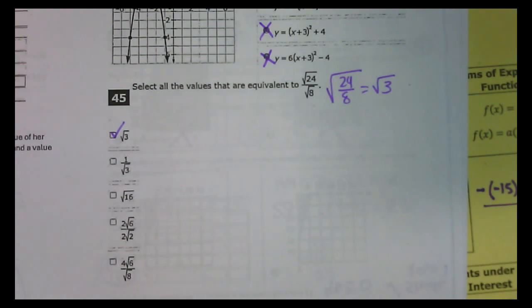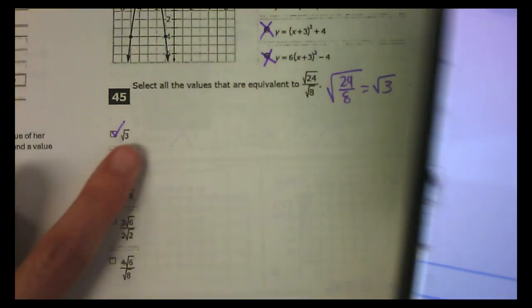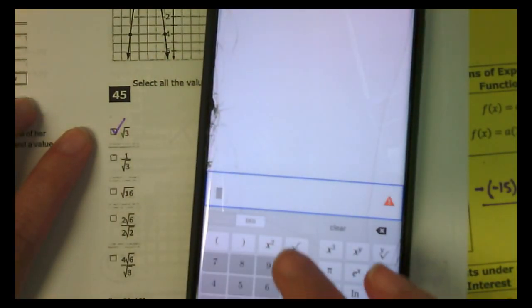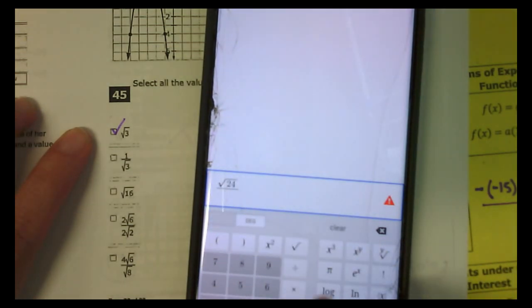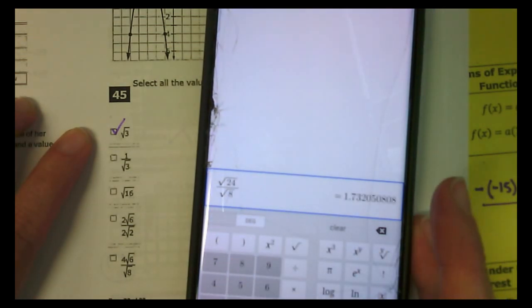If I'm not sure if any of the other ones work, I have my calculator that can do a lot of this work for me. On my calculator, let me clear this out, we have the square root of 24 over the square root of 8. If you forgot that you could divide inside there, no big deal.